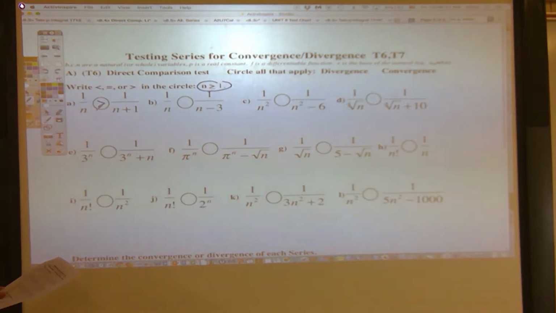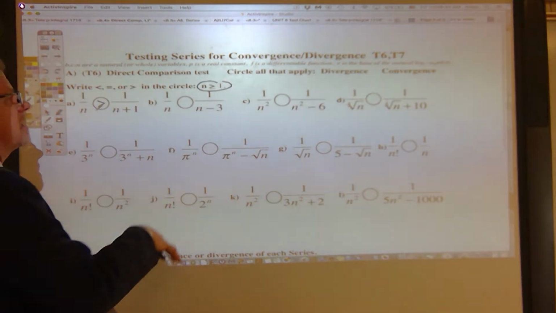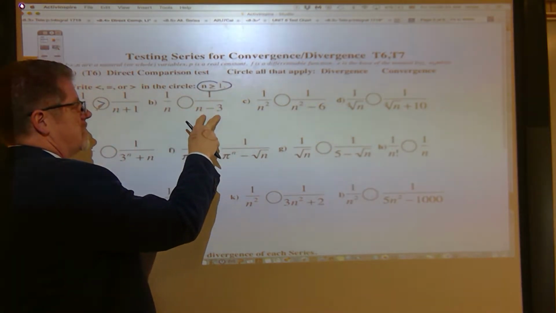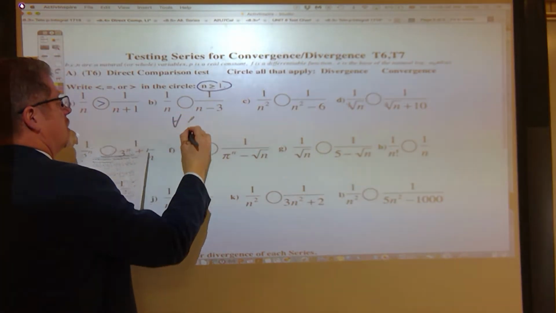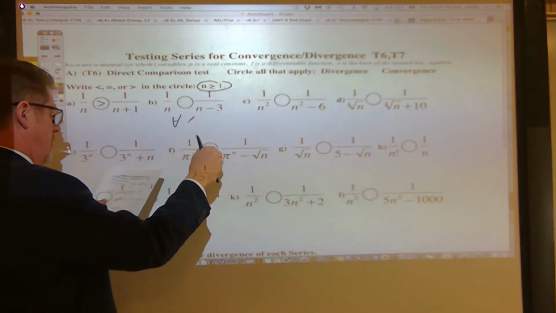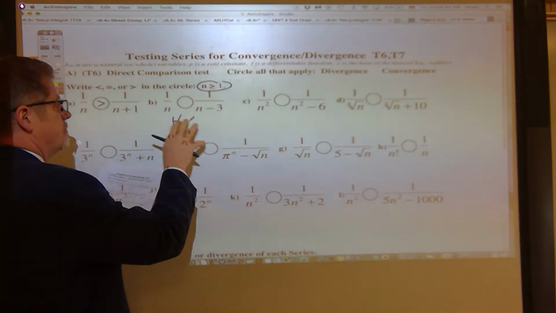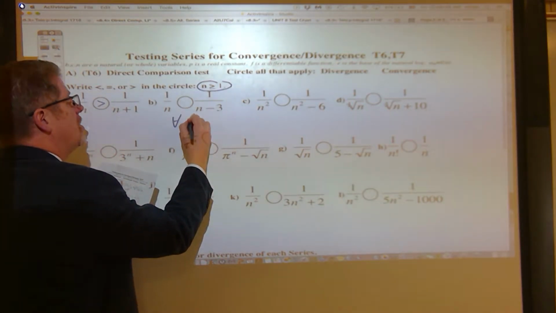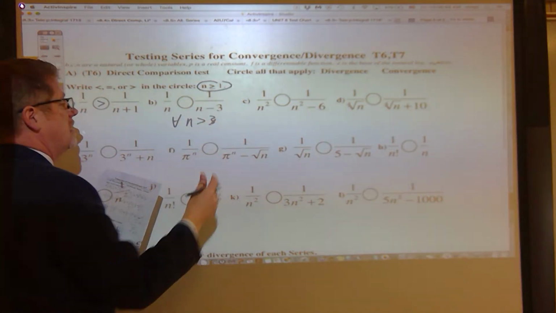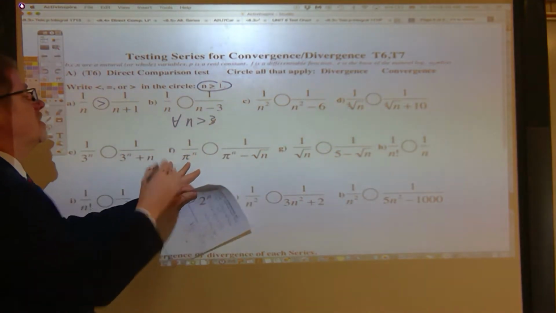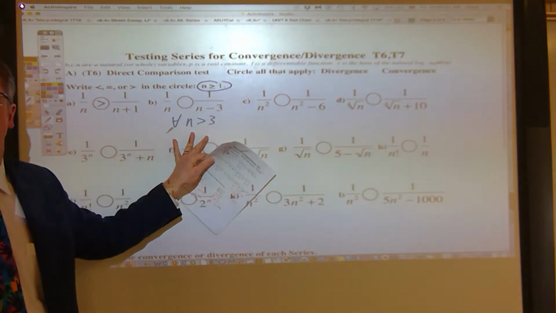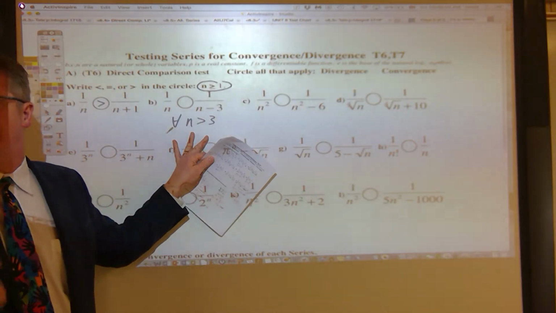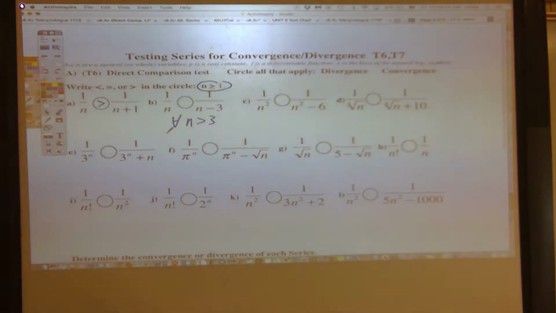Now, it kind of gets messed up with negative numbers here. So it's okay to say we're going to ignore the numbers that can't be used, like 3, which would be division by 0. So let's say for all n greater than 3. Let's impose a restriction here, which entails ignoring a finite number of terms, and let's start our comparisons with n equals 4.